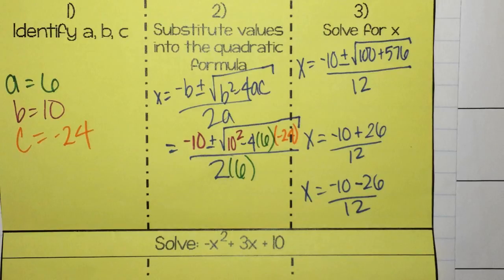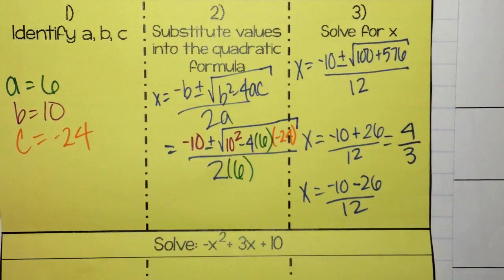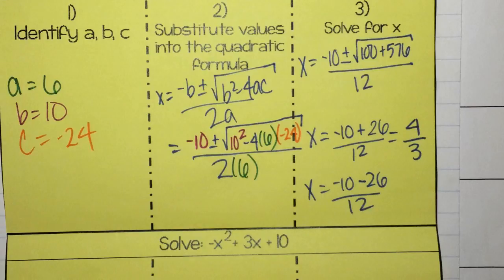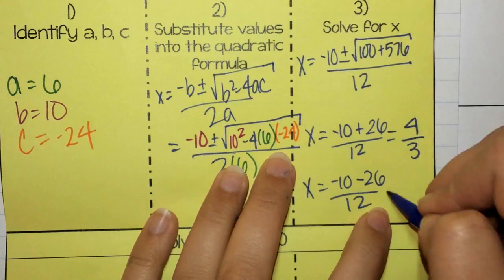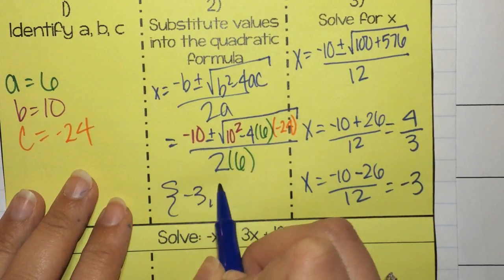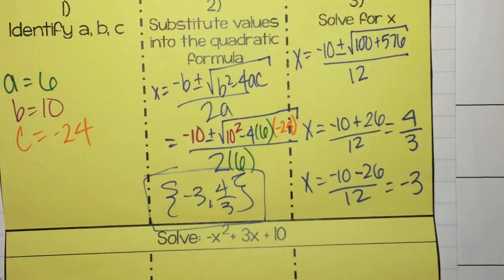And 16 divided by 12 is 1.3 repeating. 4/3. Yeah. Reduce your fraction. All right, what's negative 10 minus 26? Negative 36. And what's negative 36 divided by 12? Negative 3. So your answer is negative 3 and 4/3. And you write it in brackets because it's a set. And we're done.